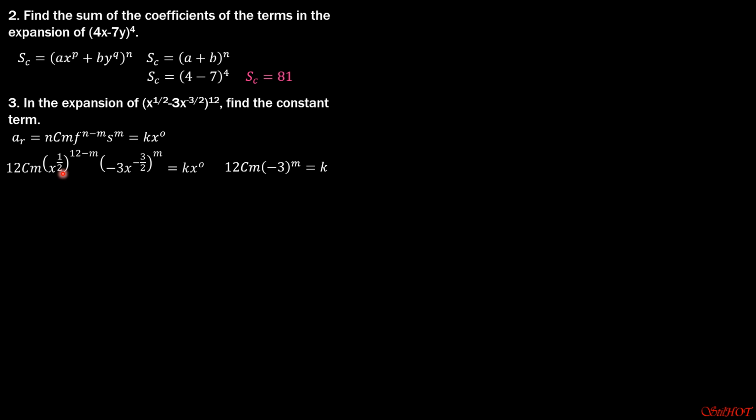This is x to the 1/2 of 12, so x to the (6 minus m) over 2, times x to the negative 3/2 m. So x to the (6 minus m) over 2 times x to the negative 3/2 m equals x to the 0. Then simplifying the exponents of x on the left side, that's x to the 6 minus 2m is equal to x to the 0.